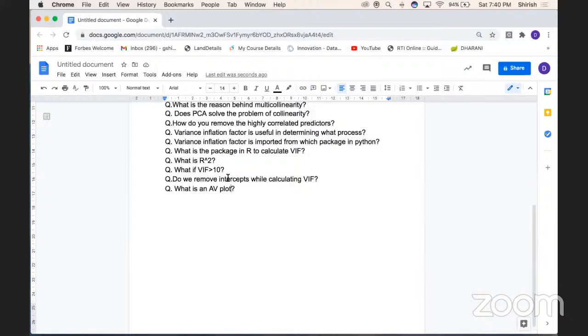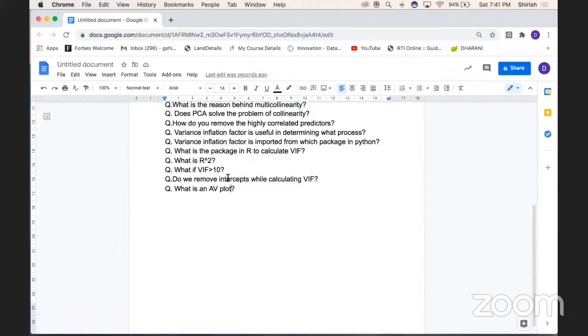For what will you use these AV plots? A stands for added, V stands for variable: added variable plots.